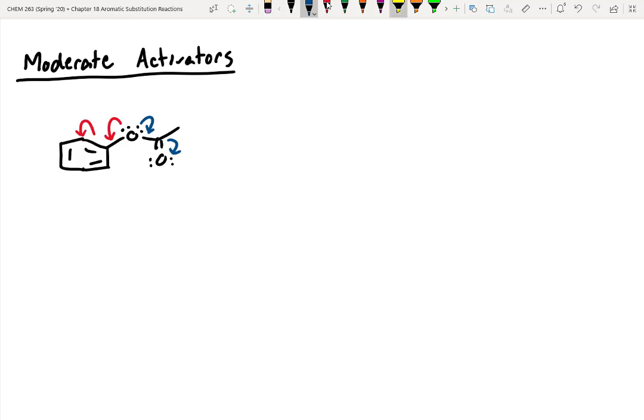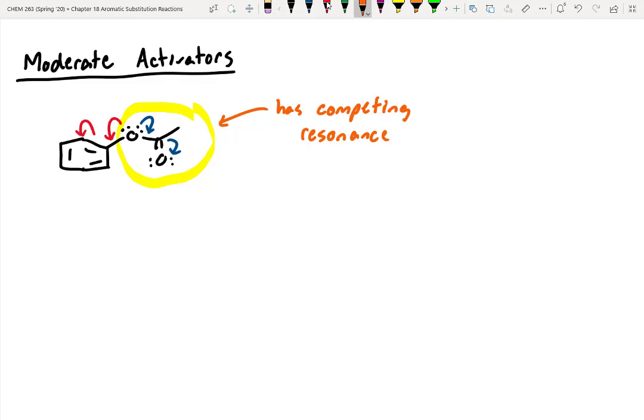So the main feature with these is that they have competing resonance. So it has competing resonance pathways. And because of this, it's not as powerful as resonance that exclusively goes into the ring. All right, let's take a look at another one.